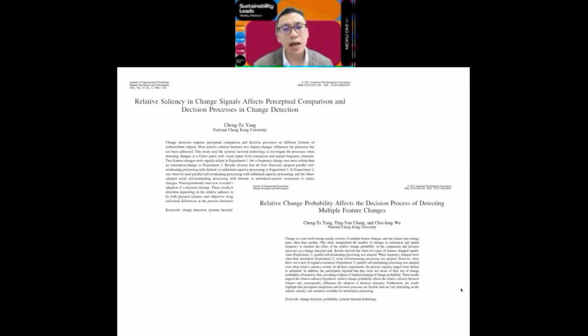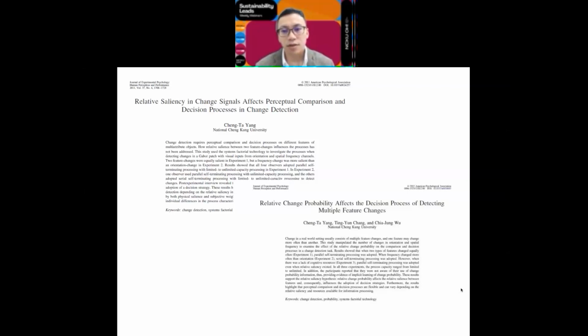In my previous works, I have published a lot of studies on decision-making process and change detection. We applied a bunch of manipulations on the feature change to study how people process the feature changes to make a change decision.